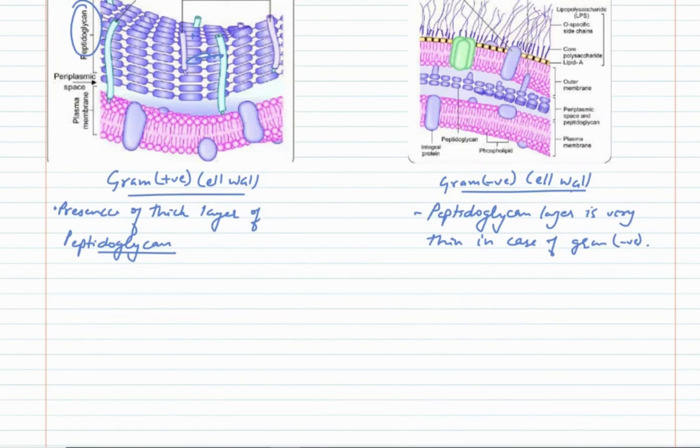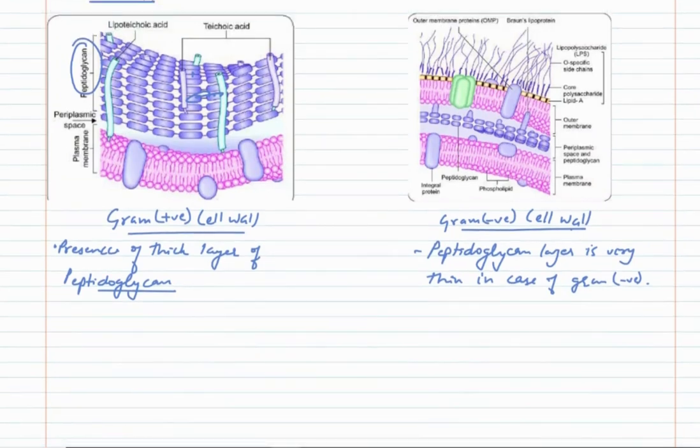After peptidoglycan, there is the presence of teichoic acid in gram-positives, whereas teichoic acid is absent in gram-negative bacteria. In gram-negative bacteria, we have two membranes.